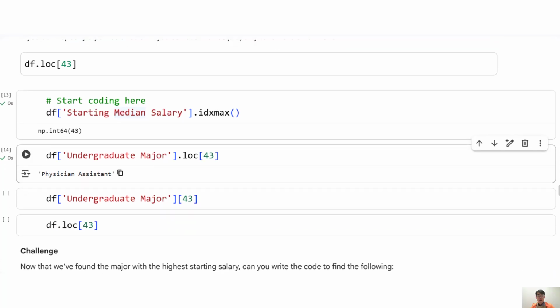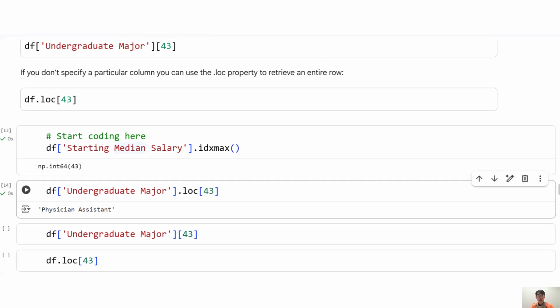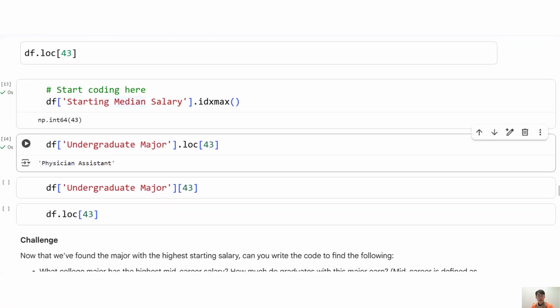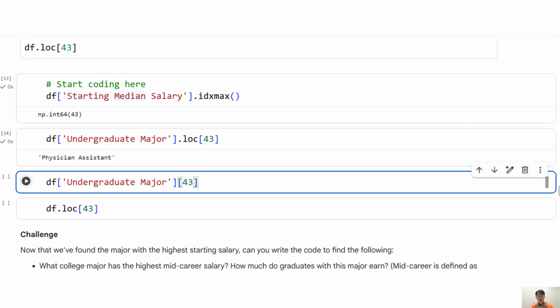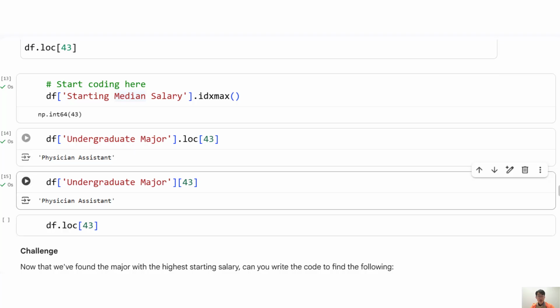So in the undergraduate major column, physician assistant, the starting median salary is the greatest among all the other majors. And I can also write 43. They are the same.